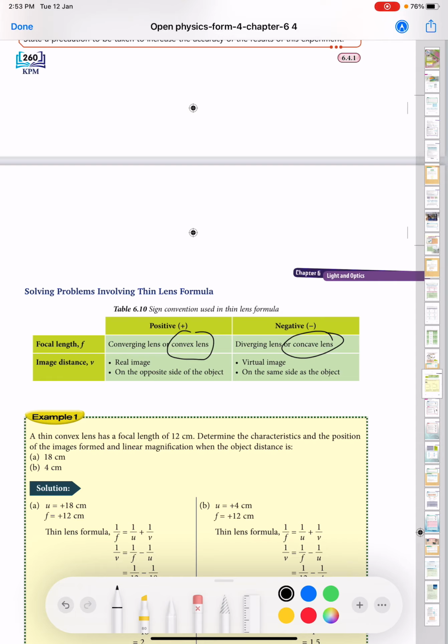Positive also represents a real image. That means when you do the calculation using the thin lens formula and you get a positive value of v, your image is real.